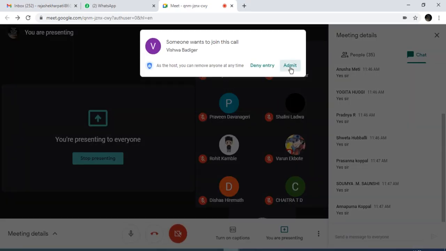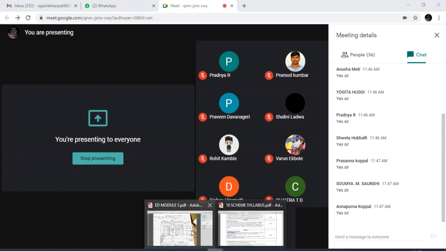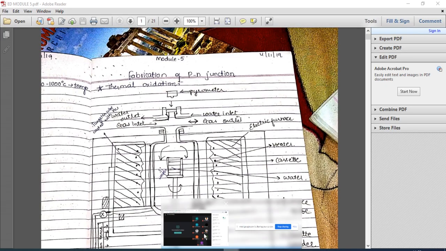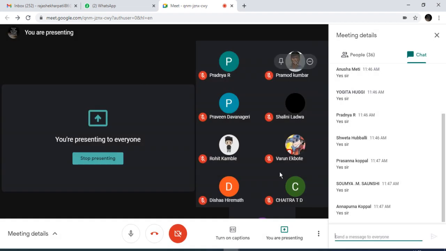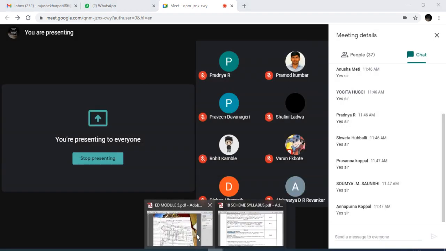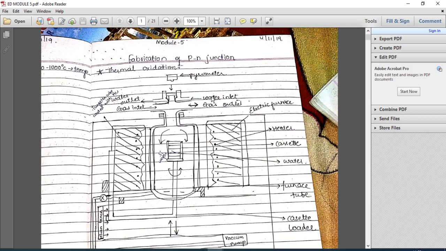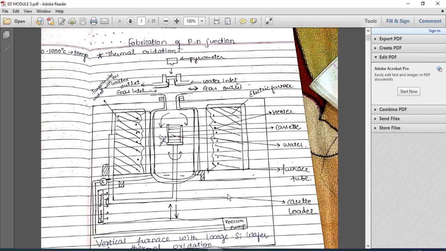So now I will start with the first topic, that is fabrication of PN junctions. Okay, this is module 5. In this module 5, first I will start with fabrication of PN junction, and in that, thermal oxidation.